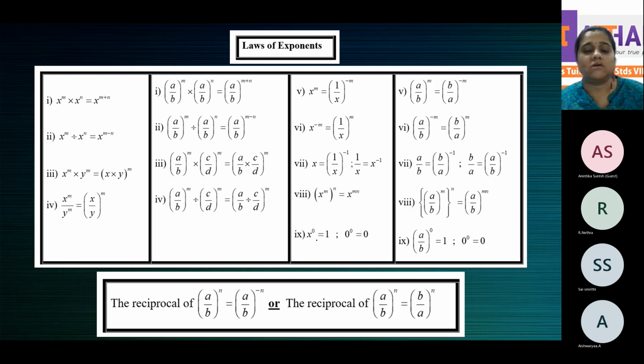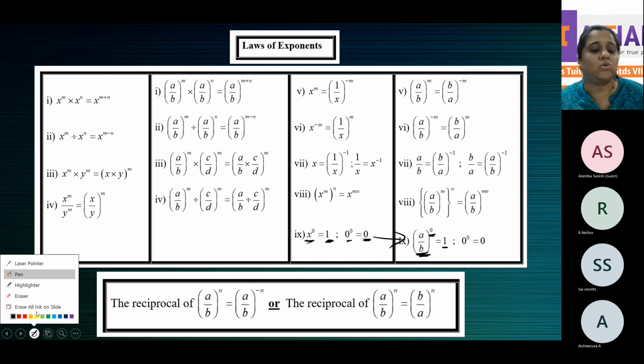And anything raised to the power 0 is 1. Same thing here: a by b to the power 0 is 1, or x to the power 0 is 1.